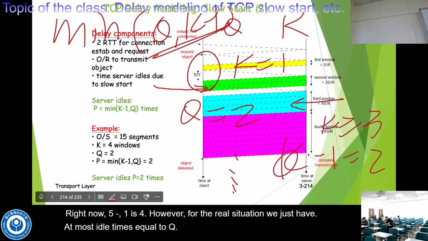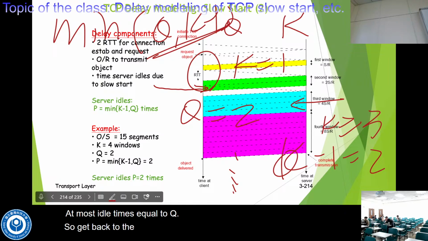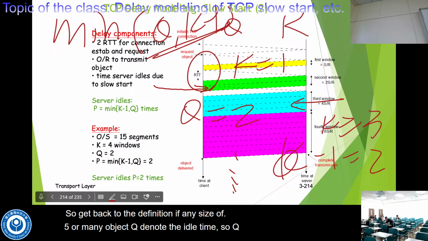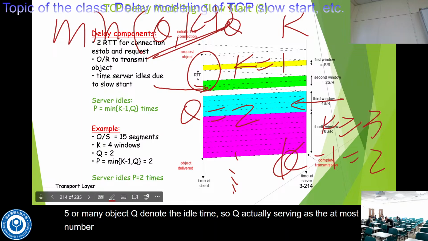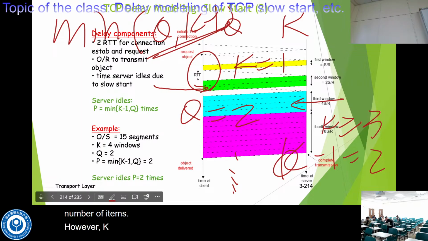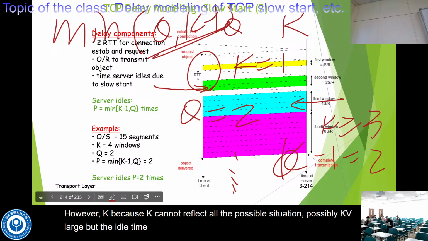So get back to the definition. For an infinite size file or object, Q denotes the idle time. So Q serves as the at most number of idles. However, K cannot reflect all the possible situations. Possibly K is really large, but the idle time is only Q, which is 2 here.